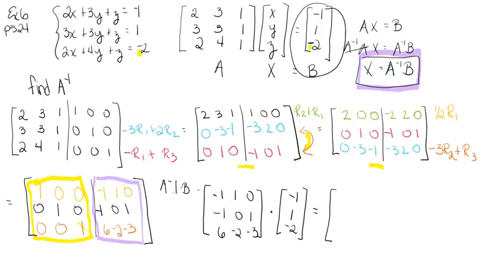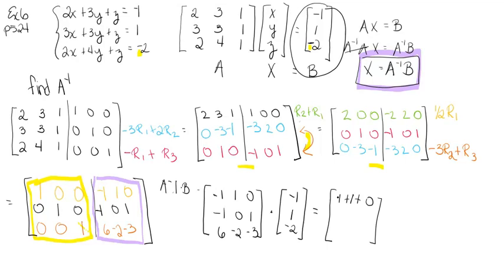-1 times -1 is 1. And then 1 times 1 is 1. I'm multiplying row 1 on the left with column 1 on the right. And then 0 times -2 is 0. Okay?